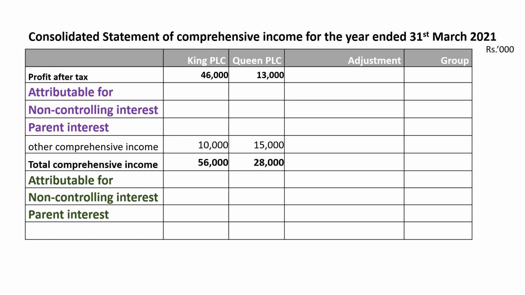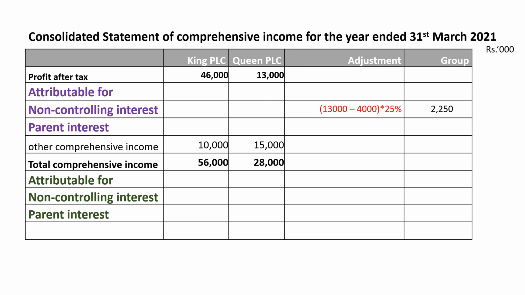To calculate the non-controlling interest, we are going to take Queen PLC's profit and deduct 4,000, which is the unrealized profit from the stocks. Then out of that profit we have to take 25%, which belongs to the non-controlling interest. Therefore, the balance would be 2,250.